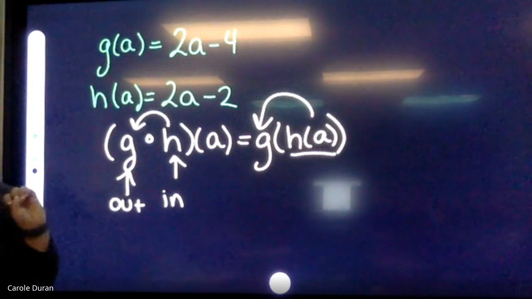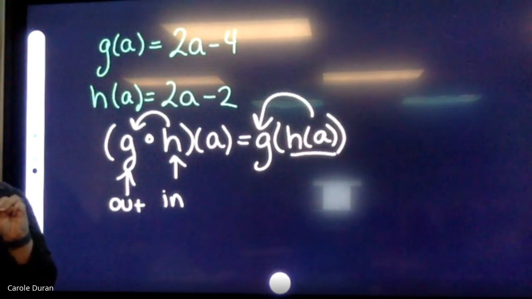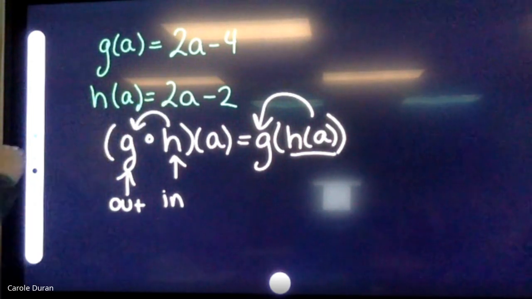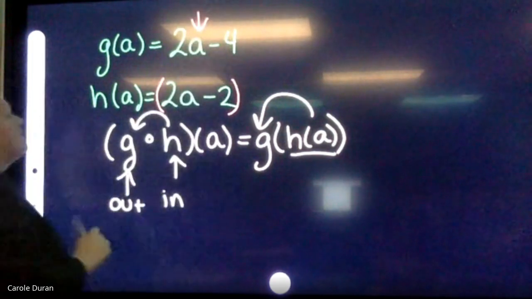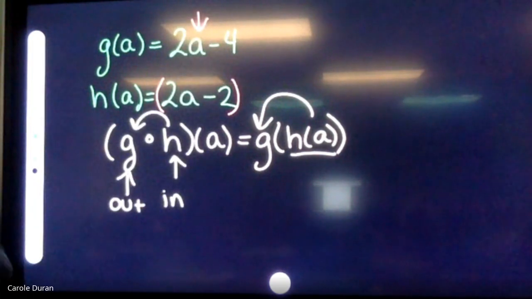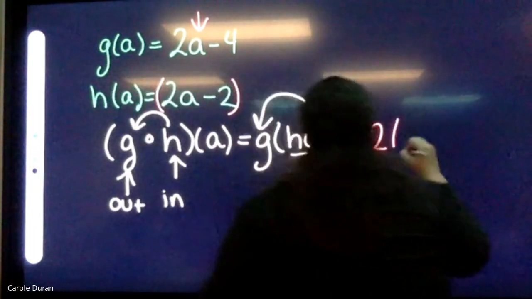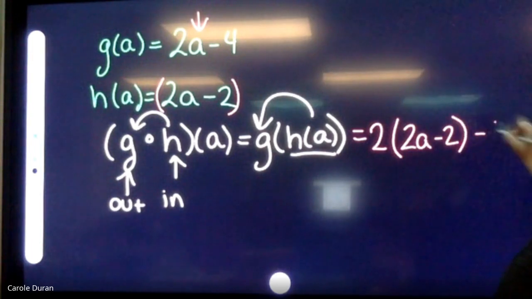So what function is my inside function here? H, so the 2a minus 2, which means that 2a minus 2 is going to get plugged in to the variable a in my outside function g. So when I plug it in, this becomes 2 times the inside function 2a minus 2 and then minus 4.